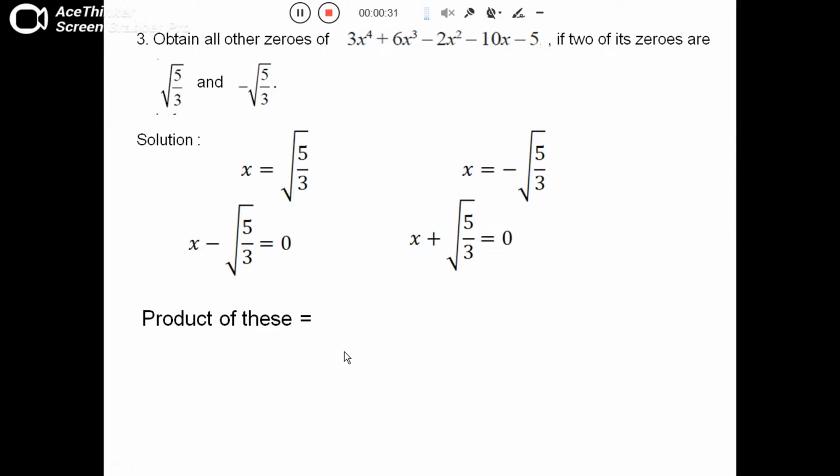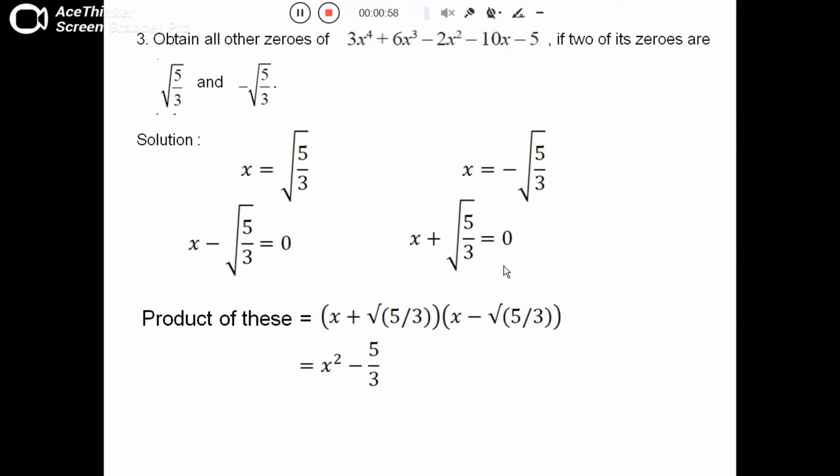Now let us find out the product of these two algebraic expressions. X minus under root 5 by 3 multiplied by x plus under root 5 by 3. As you know that a plus b into a minus b equals a square minus b square, so x square minus the square of under root 5 by 3, which is 5 by 3. So this is the product of these two expressions.